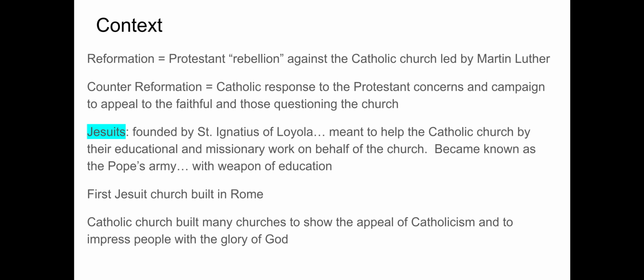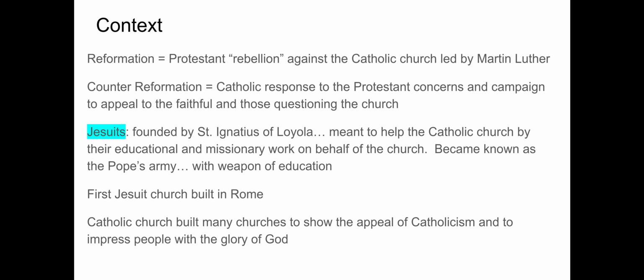And they unofficially became known as the Pope's Army. And the weapon of their army was education. So that's why today you still have many colleges throughout the world that are Jesuit schools, because they really did educate. That was their mission, basically, and that was their role within the Counter-Reformation.